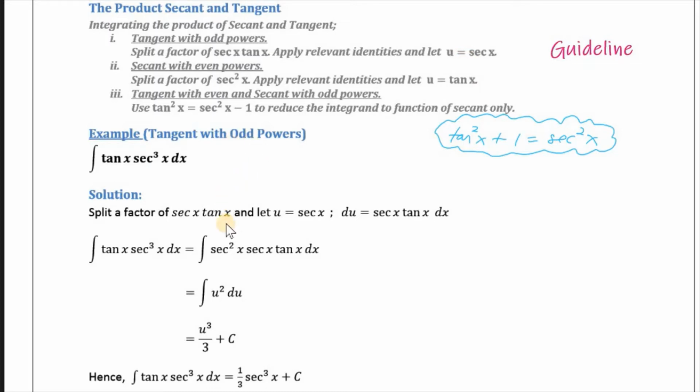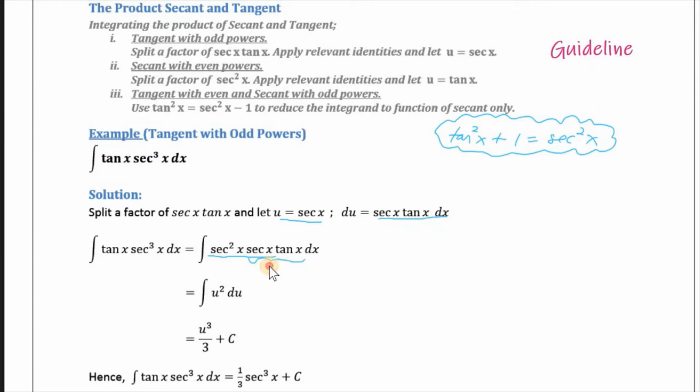Let's analyze this question. For this question, we are supposed to split the secant power 3 into secant power 2 and secant, and then set u to be secant such that when we differentiate, du dx, we get secant x tangent x. This is what we wanted.